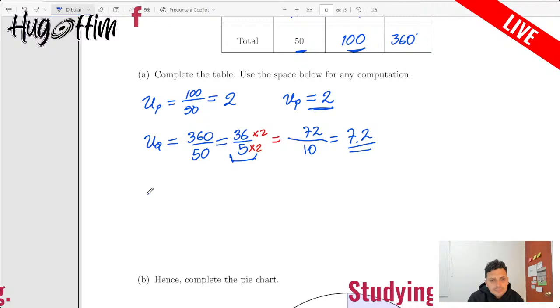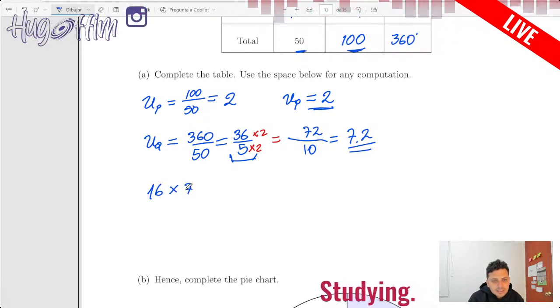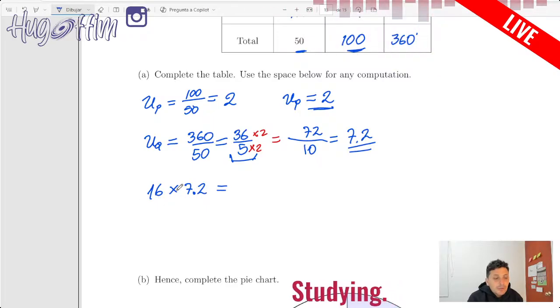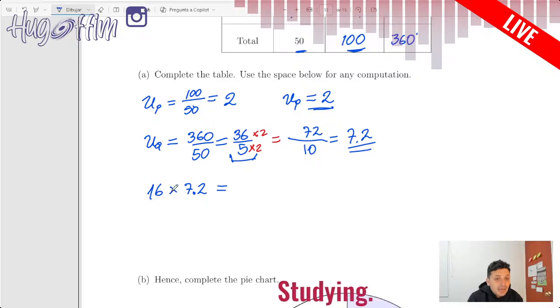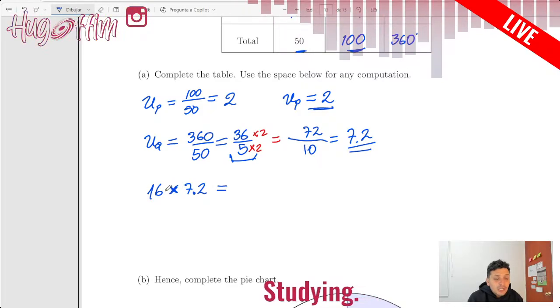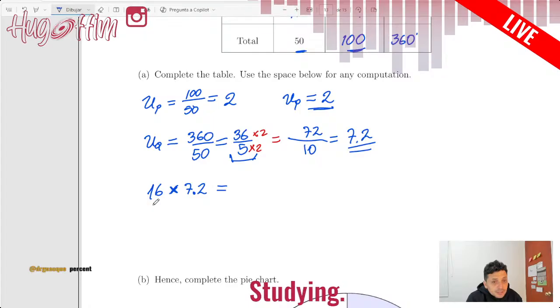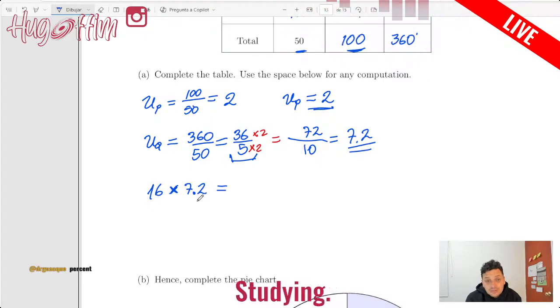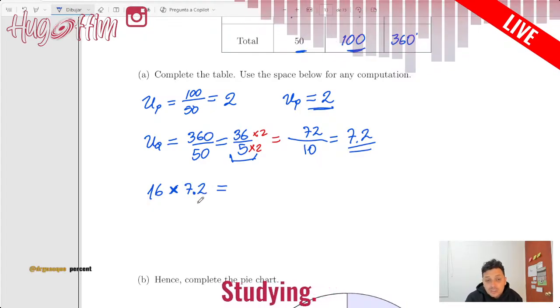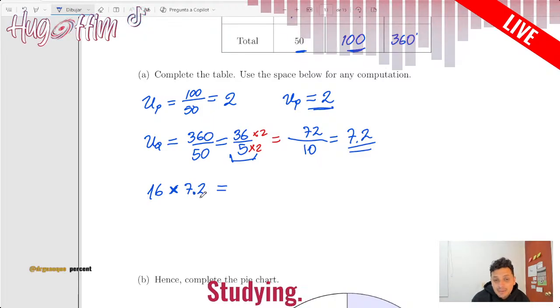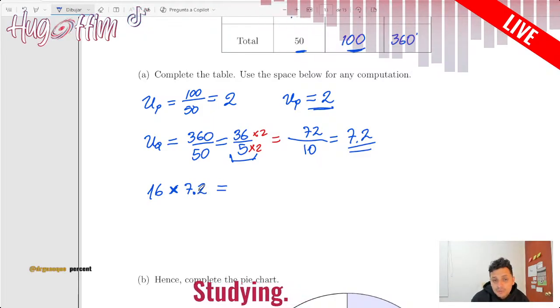So I know that I have 16. So 16 times 7.2. Remember that if you're going to multiply a decimal by a natural number, you just multiply the numbers and the answer is divided by 10 in this case, because it's one decimal place.